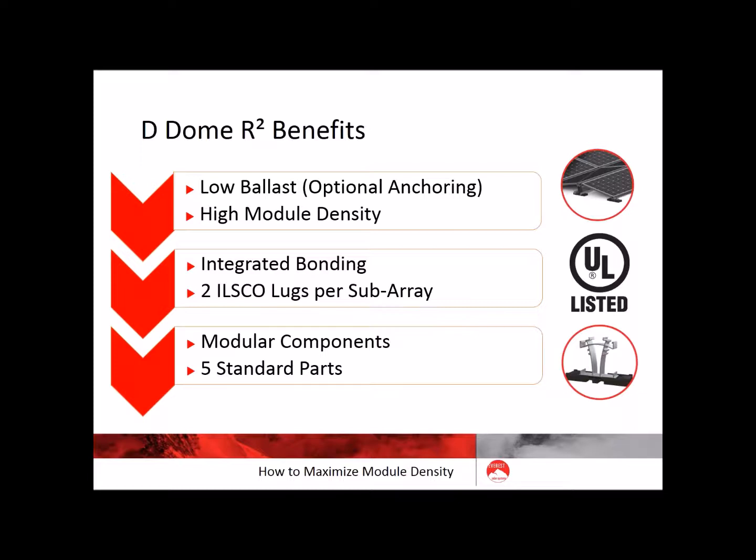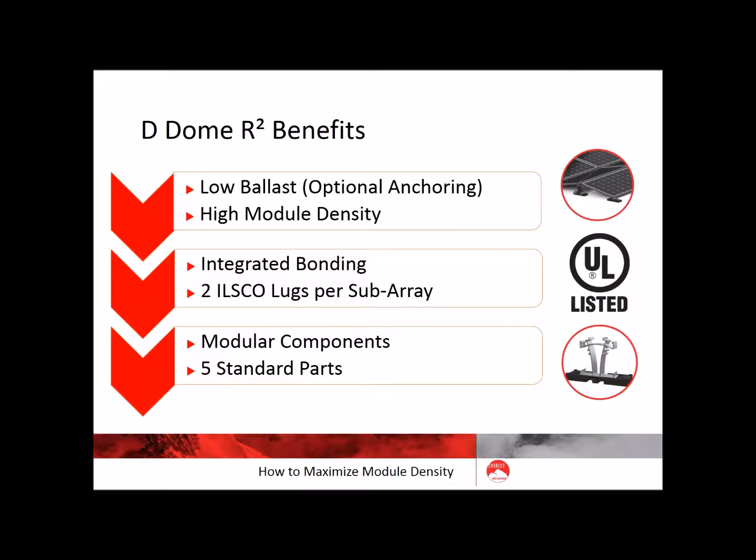The loading overall in the system is much lower than what we would see typically with a south-facing system. And because of that, we're able to see much lower loads on the roof due to the ballast than a traditional south-facing system. Again, as I mentioned before, because we don't have that inter-row spacing, we're able to see a much higher module density, able to fit panels where normally we would have a service aisle or a space to prevent shading.